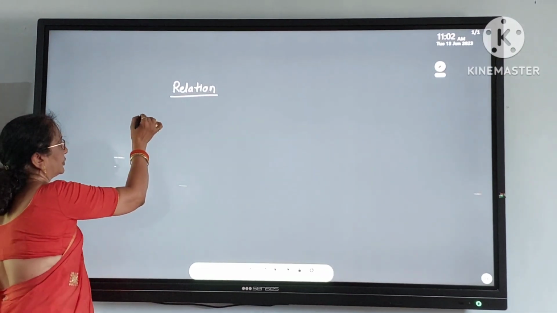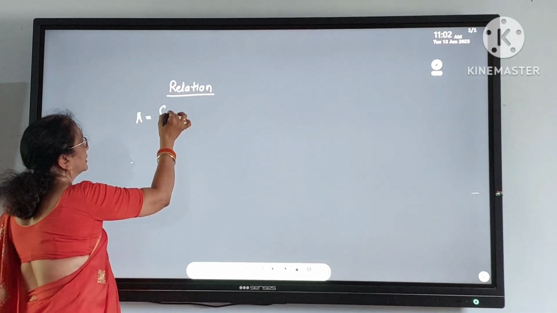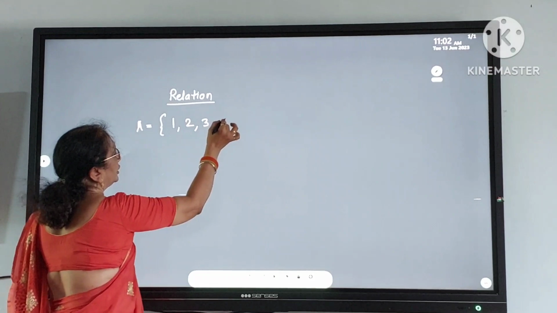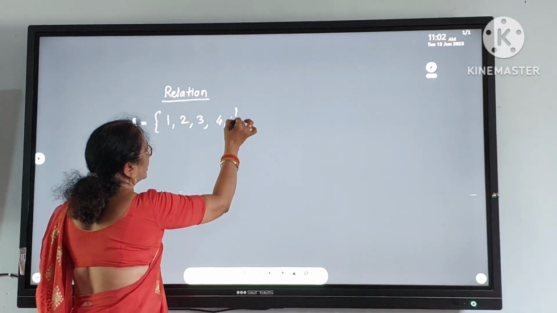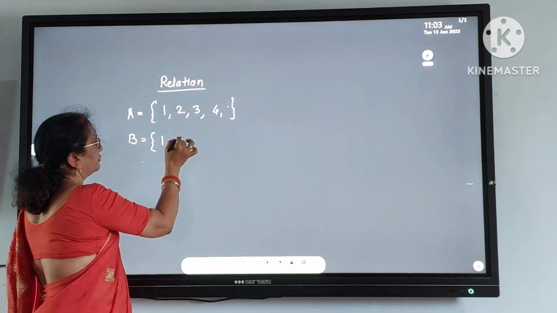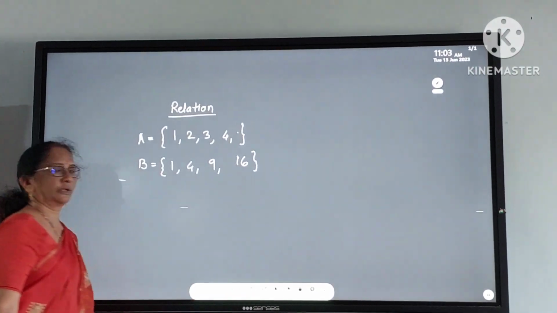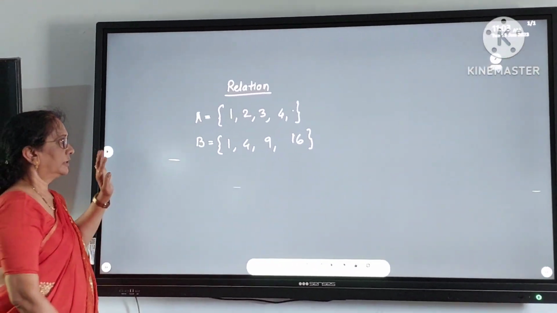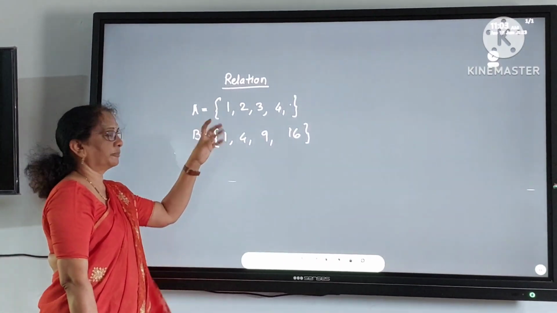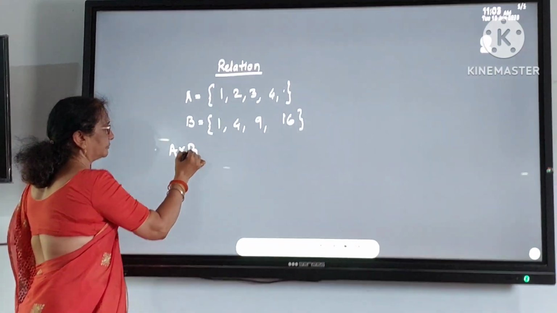For this we need two sets. I will take set A as {1, 2, 3, 4}, and we consider set B as {1, 4, 9, 16}. These are two different non-empty sets. Now we form the ordered pairs of these two sets, and from all the ordered pairs we form the Cartesian product.